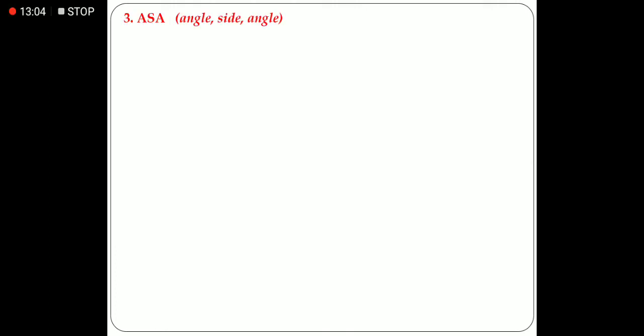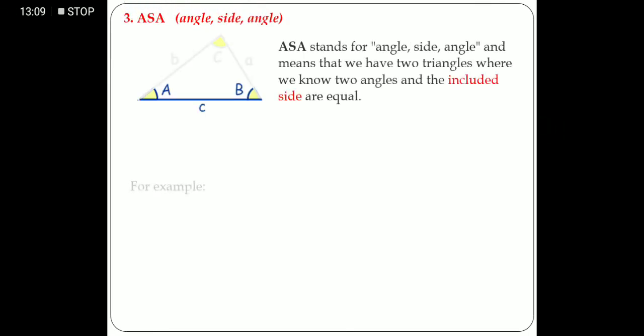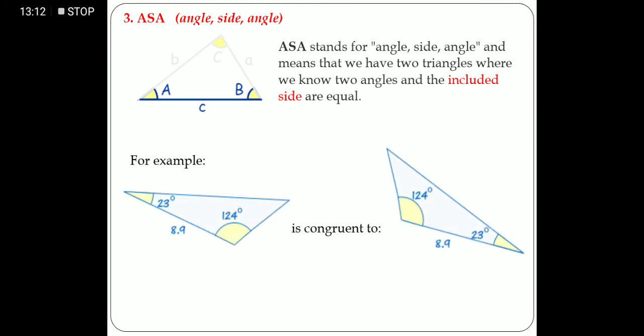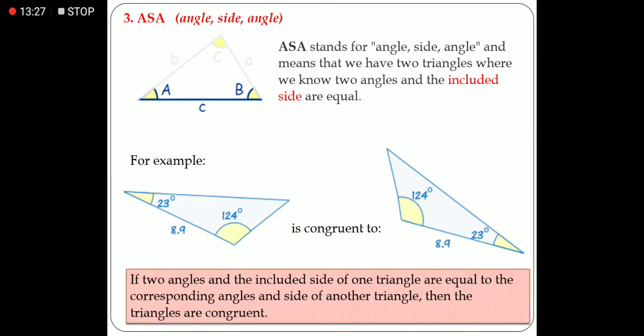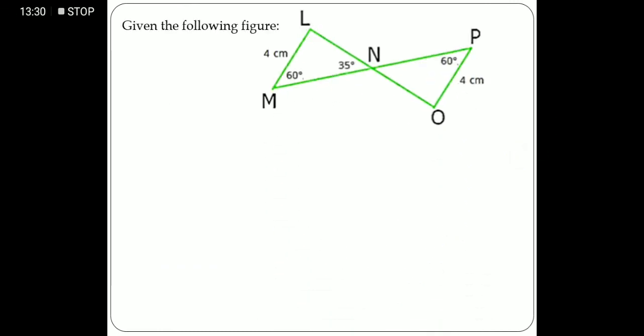Now, the third and last postulate is angle, side, angle. Let's see an example. Here we have this side measures 8.9 centimeter and the two angles here are equal. So I can say that these two triangles are congruent and I have to search for the homologous elements.